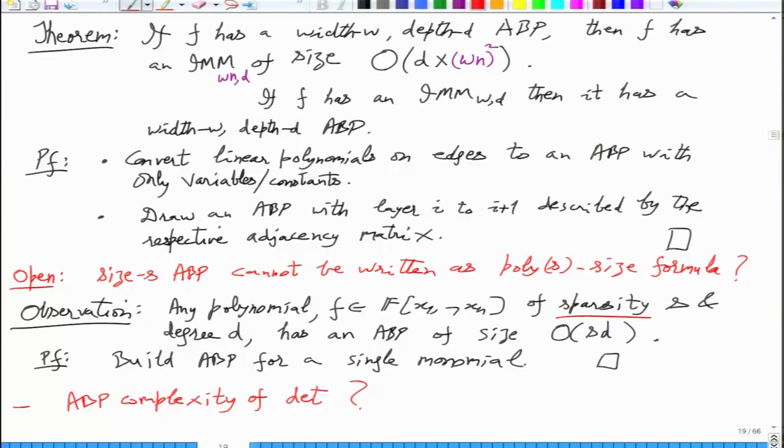What we will prove at the end of this chapter is that not only are determinants computable as ABPs, ABPs are also computable by determinants. So these two will be equivalent models, which is a very powerful connection.